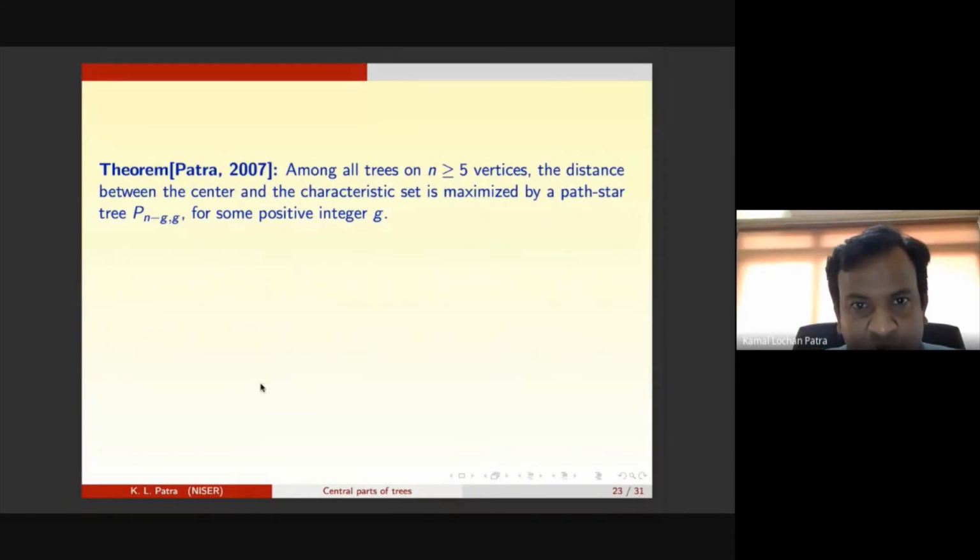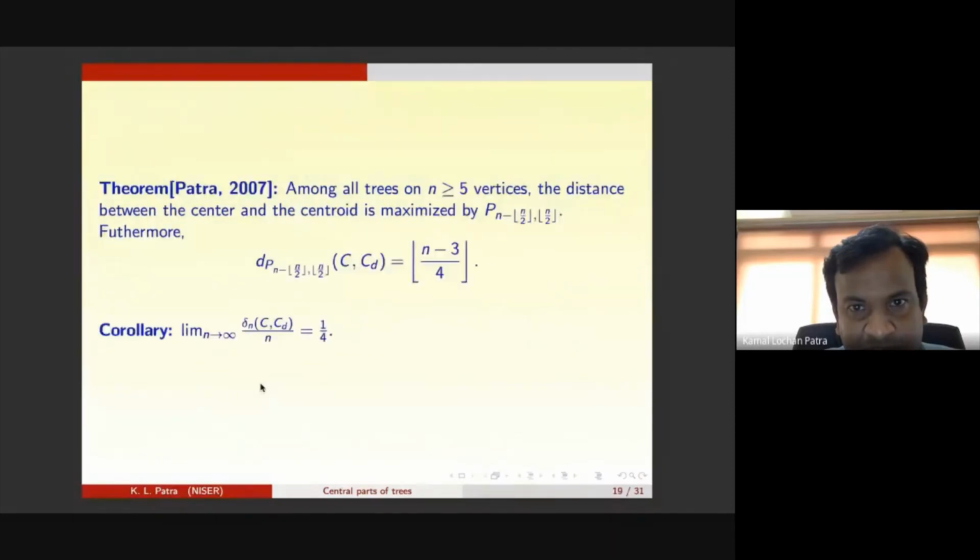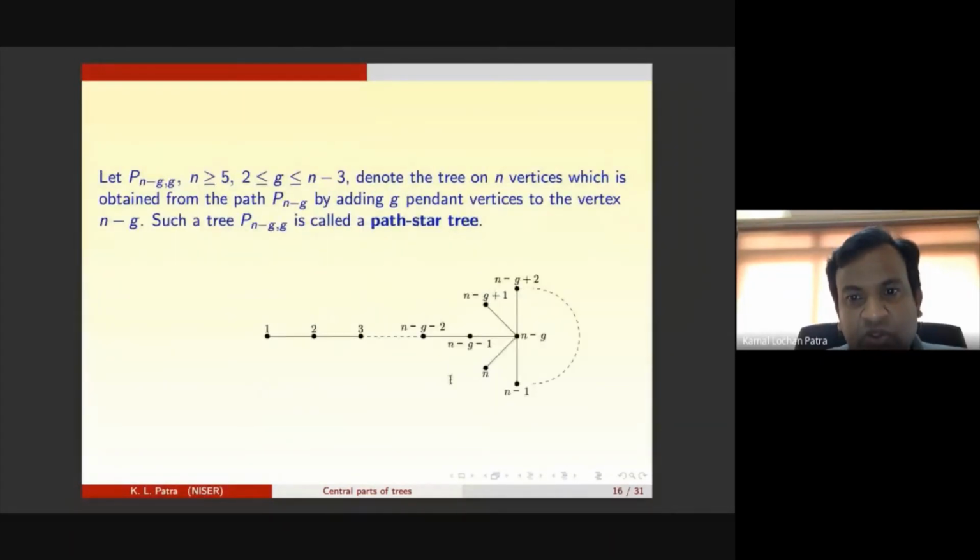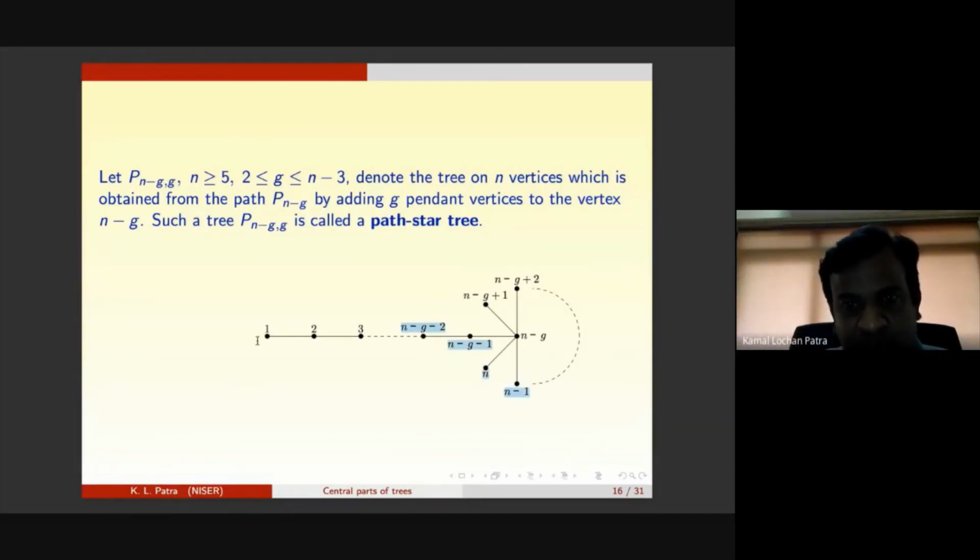So if you go back to this, just one path star tree part, the center lies from 1 to this length, and none of the pendant vertices becomes center or centroid. So the centroid lies also here, in this way.